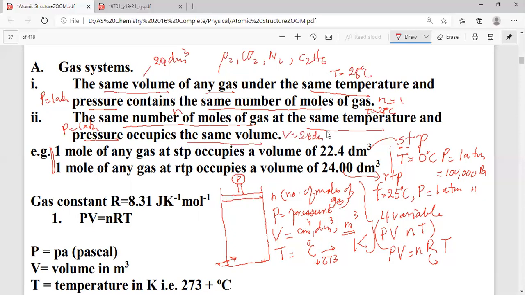So here they talk about the variation between the volume and the number of moles. So you must be careful to understand this. Number of moles and volume are related.